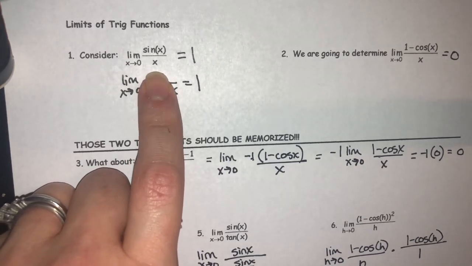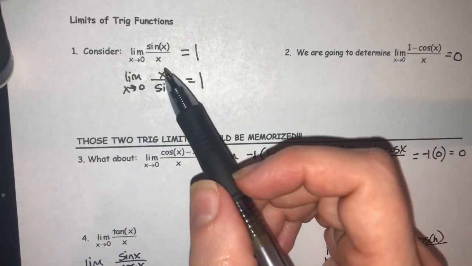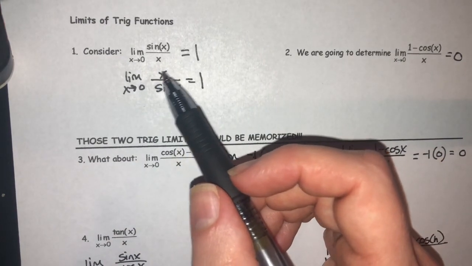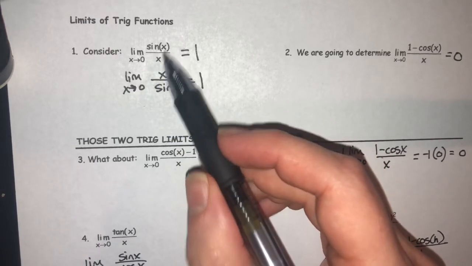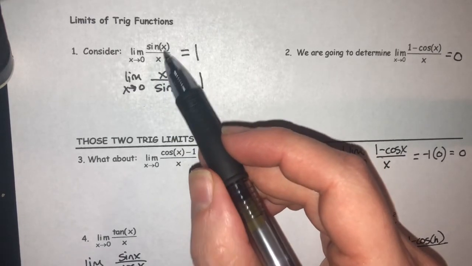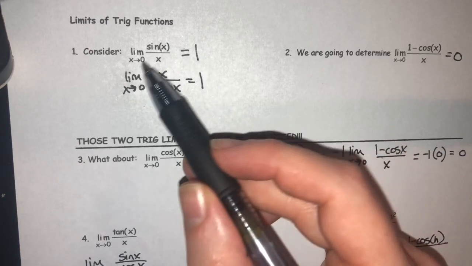It could be 2. It could be pi. It could be e. It could be a fraction like 2/3 or a decimal like 0.285. X could be any number. Any number that I substitute in here for x on the top and on the bottom, the limit would be equal to 1 as x is approaching 0.